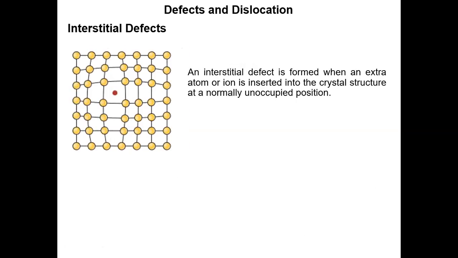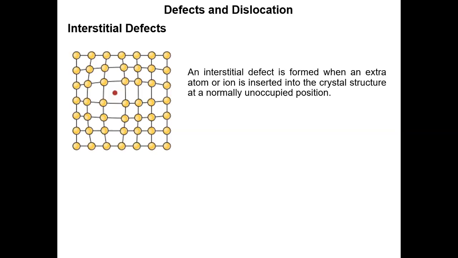So the interstitial defects, if you check the figure, I think it's very clear what an interstitial defect is. An interstitial defect is formed when an extra atom or ion is inserted into the crystal structure at a normally unoccupied position.